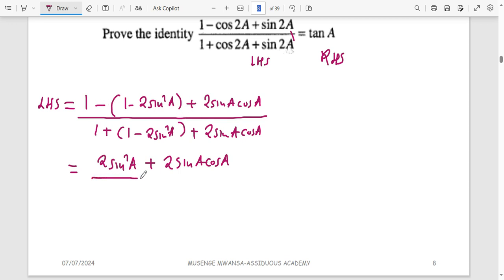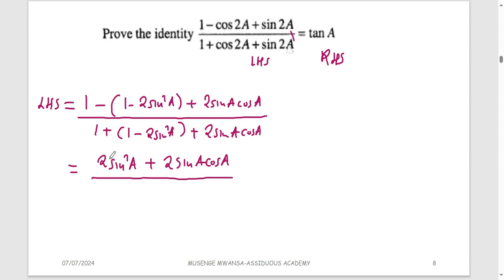And then down over, we are going to have 1 plus 1, that is going to be a 2. Then we are going to have minus 2 sin squared A, and then plus 2 sin A cos A. So this is where we're going to reach here.